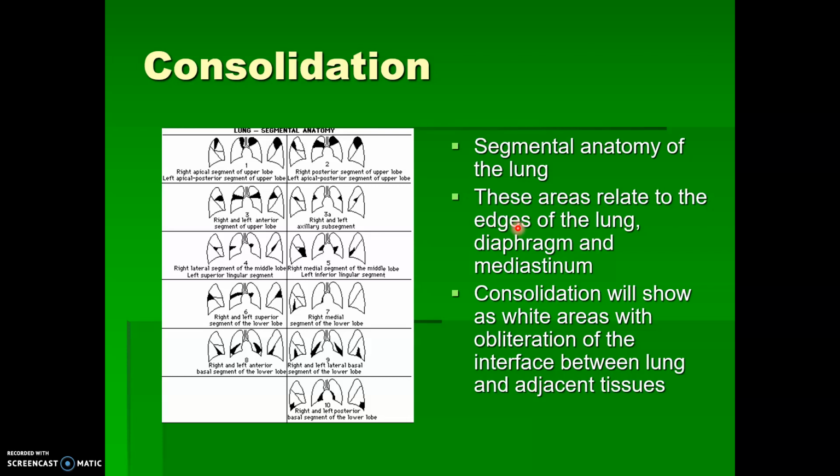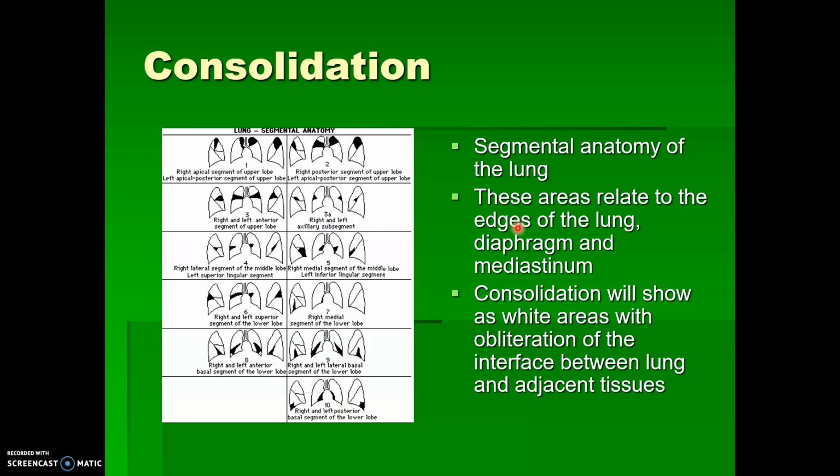Let's just have a look at the patterns of consolidation as they apply to different segments of the lung. So this is a fairly detailed map of the lung. However, what I want to highlight to you is that when a consolidation occurs, the border between any adjacent structure and the consolidation is blurred.